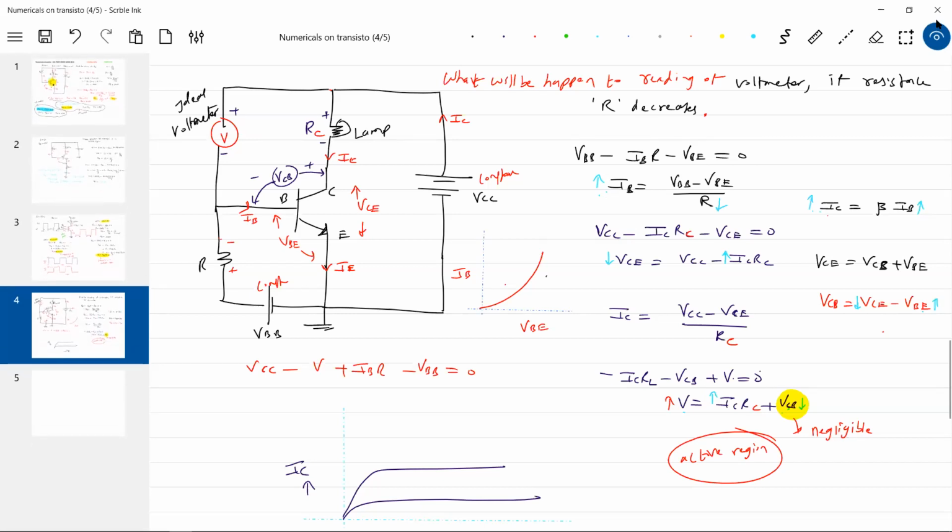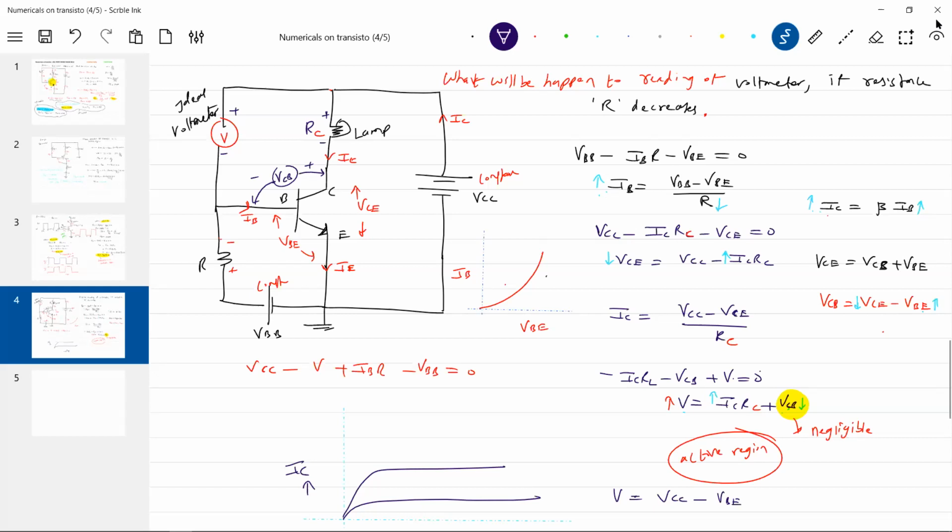No, that will not happen. From the graph, changes will be all there. KCL equations only we are writing, no, sir. You tell me, I'll write it. V equal to VCC minus VBE.